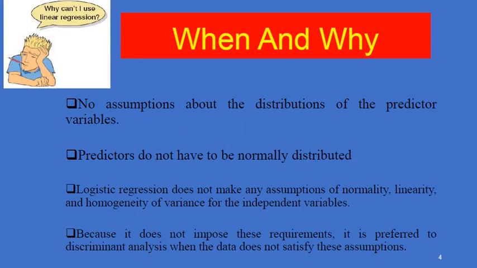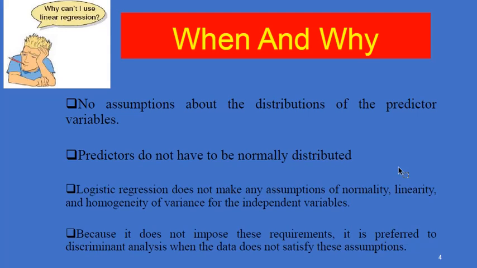Also, there are no assumptions about the distributions of the predictor variables. So these points indicate the conditions after which we need to switch towards logistic regression. Number two is that the predictors do not have to be normally distributed. If the predictors are not normally distributed, then we can also say that we cannot use linear regression.